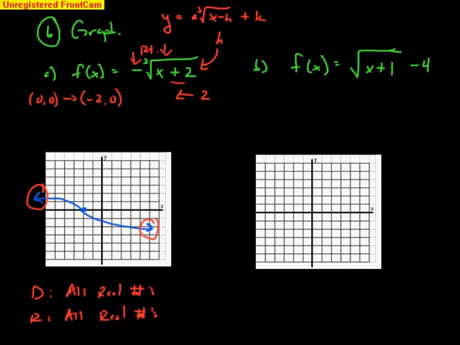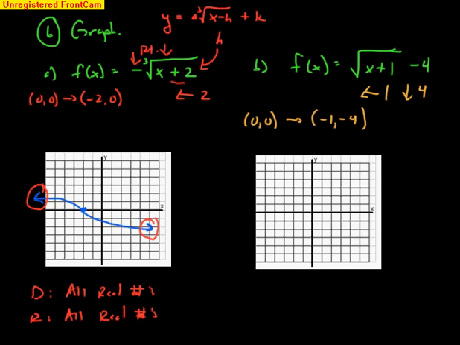Now if we move over here to our square root friend, alright, here now we have to look at a number inside and a number outside. We have an h and a k. So this h you would think means to the right one, but it means to the left one. This k, you do what it says. -4 means down 4. So the point 0, 0 now moves to the left one and down 4.